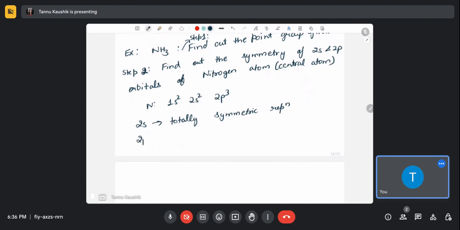and similarly for px, py and pz orbitals you will have to check the third column of the character table, where you will see which irreducible representation has x, y, z coordinates.